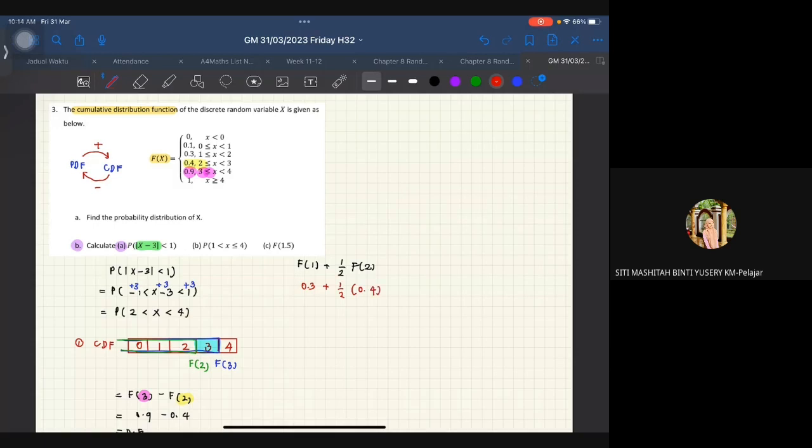So awak akan dapat 0.5. Okay. Sebentar ya. Dia macam menarik, tapi saya tak rasa dia betul. Okay.